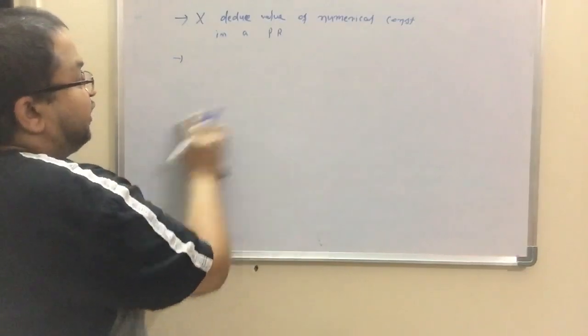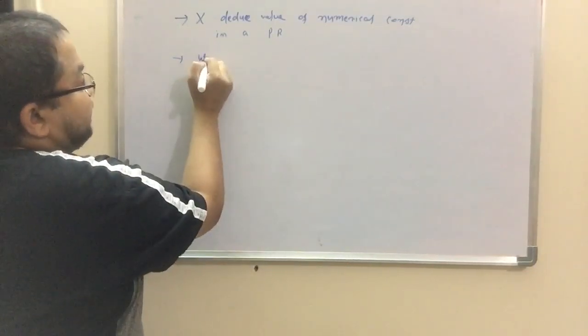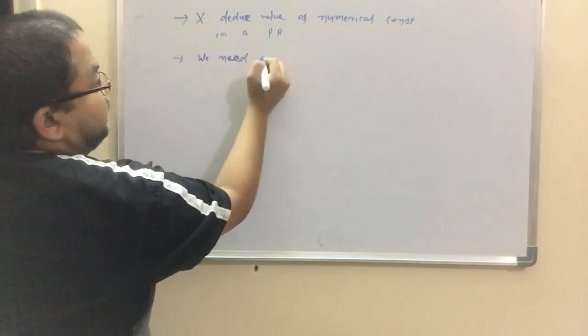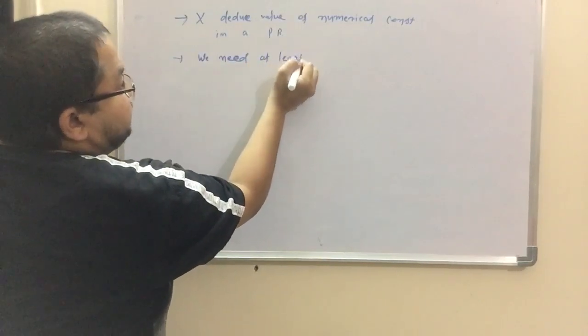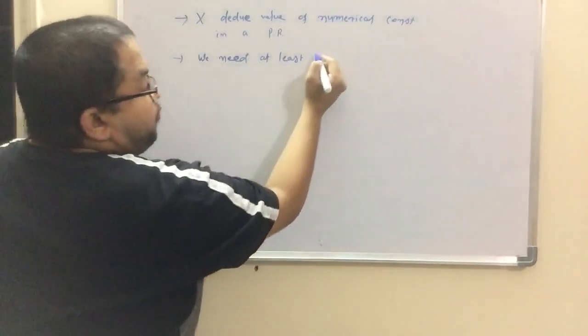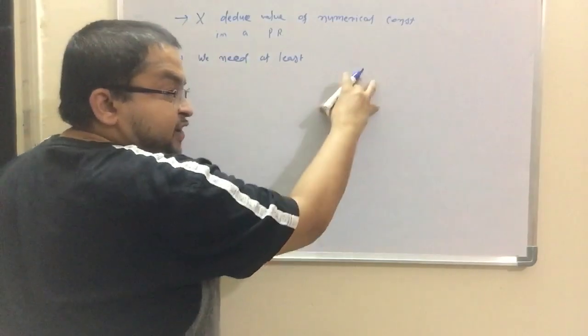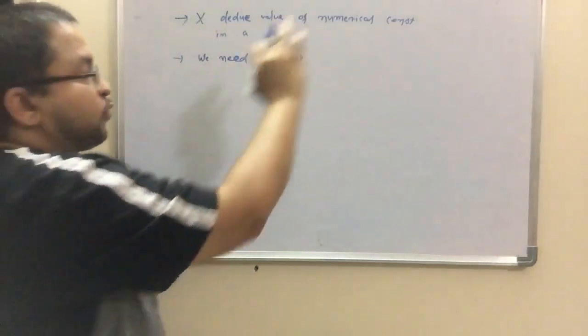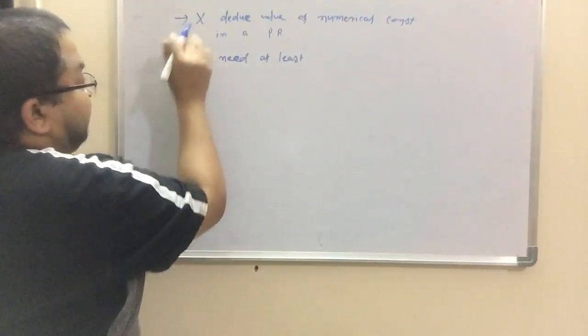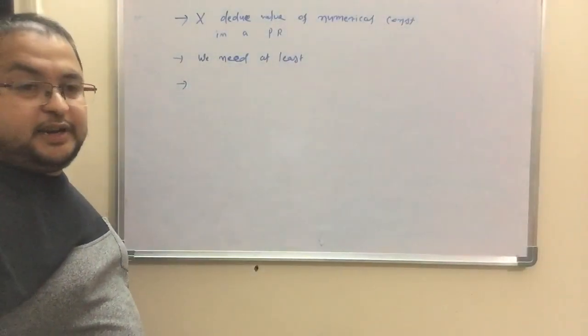So we need at least as many equations as the number of variables, or more. So this is the second limitation.